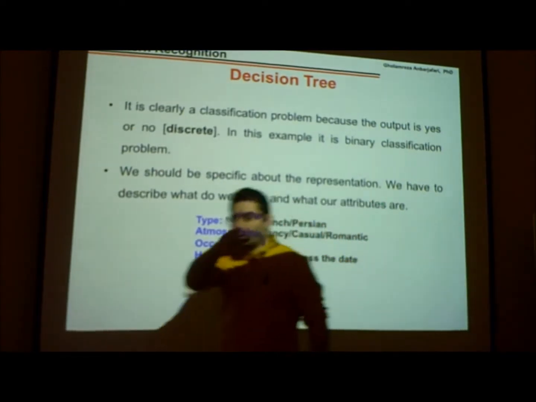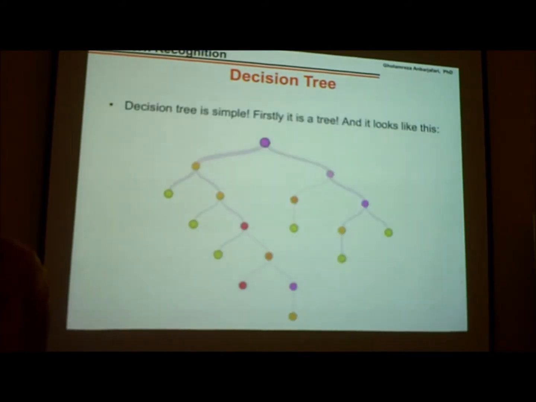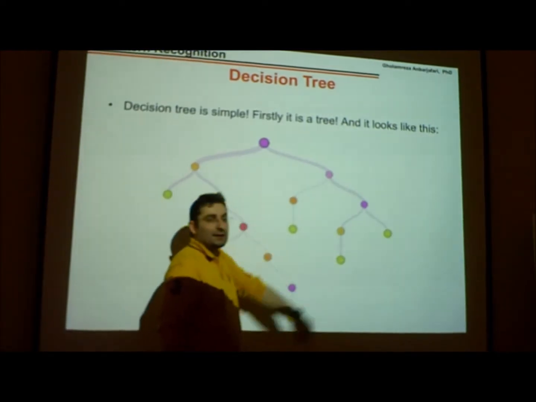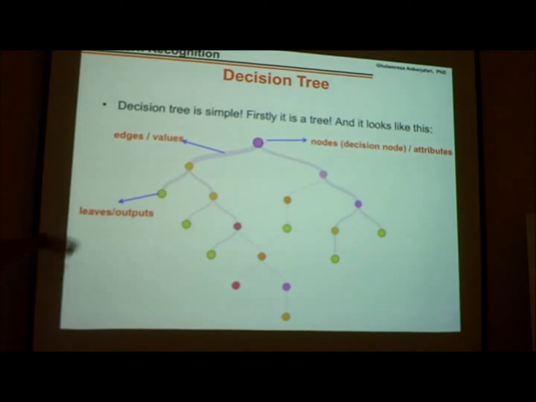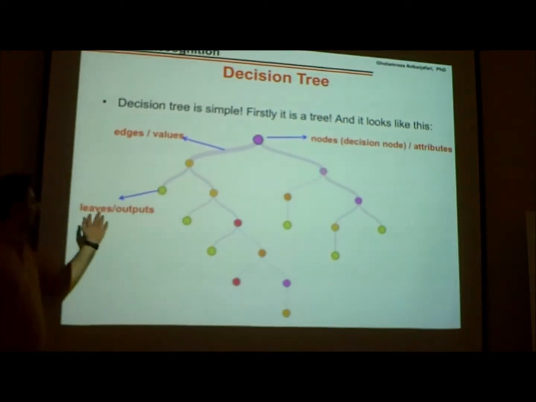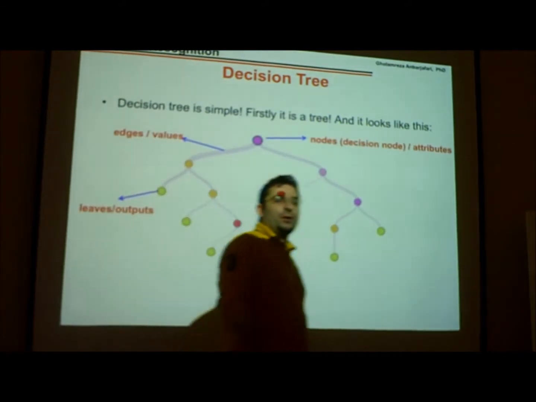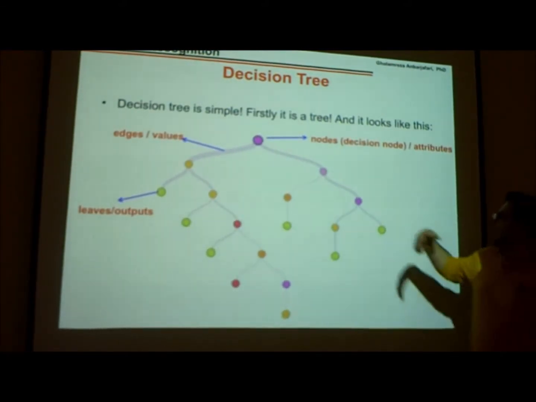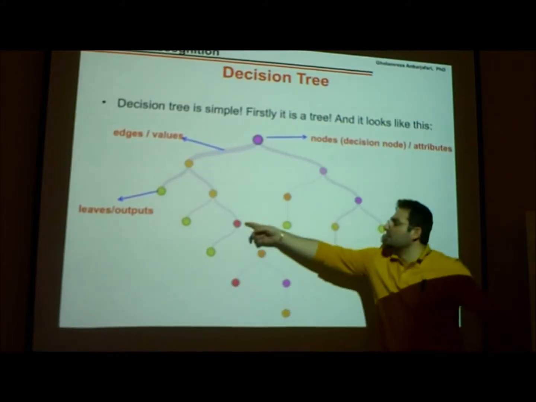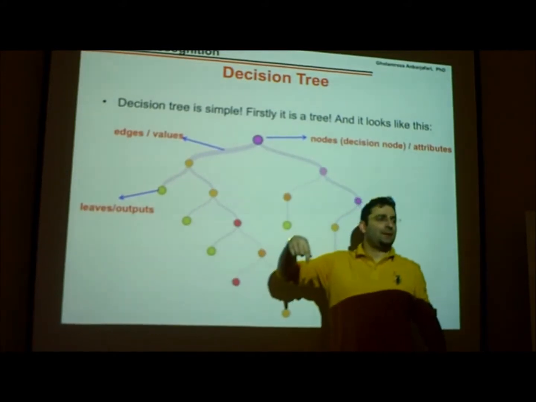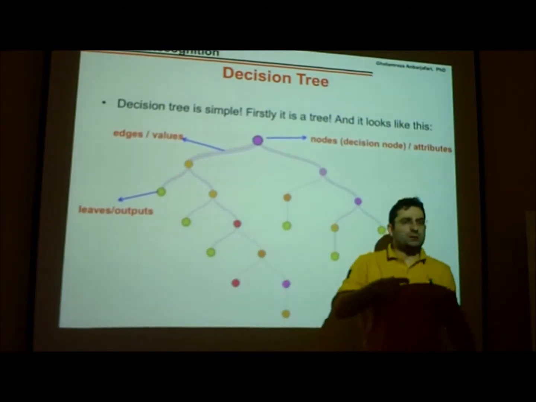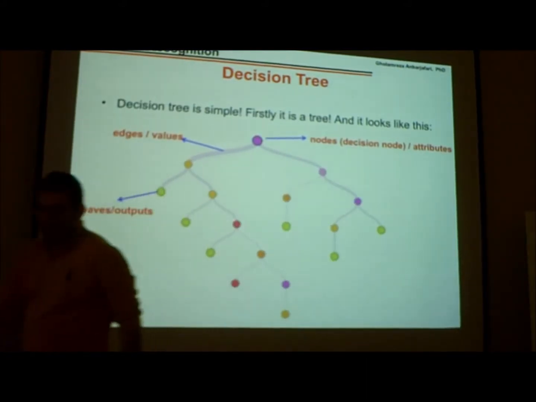We don't necessarily have to end up with two values. So here, in our example, it's kind of binary, but sometimes we have only one single branch. I will draw for our examples, and then you will see that sometimes we have three. So this is called node, this is called edge or values. And the last one, which is not connected to anywhere, is called the leaves in a tree. But in machine learning, we call it the output. So these are the attributes. These are the outputs. What are the outputs for this example of dating? Go or not go. And these are the values that we have.